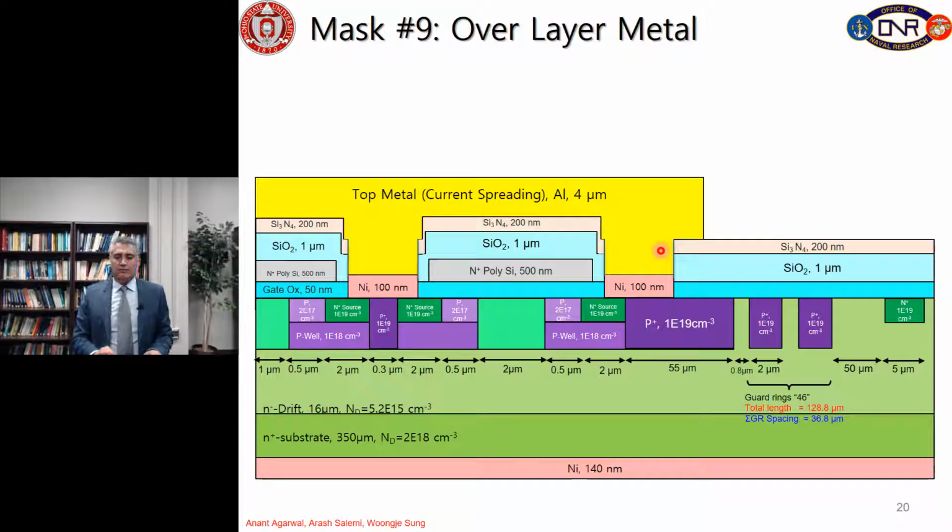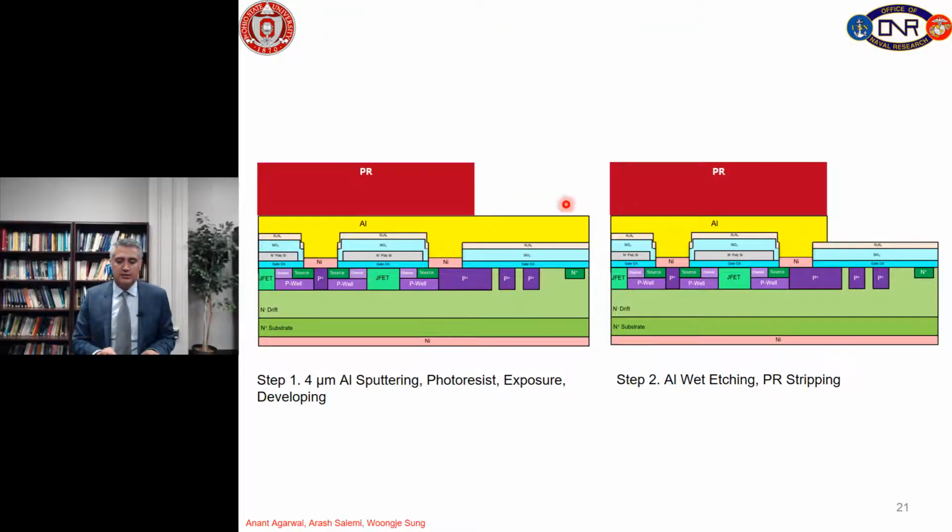So now we have the overlayer metal. As I mentioned, 4 micrometer thick aluminum can be used as a top metal in order to have a good current spreading. So in this case, we are sputtering aluminum, 4 micrometer aluminum sputtering.